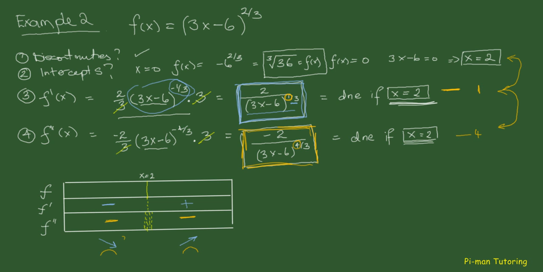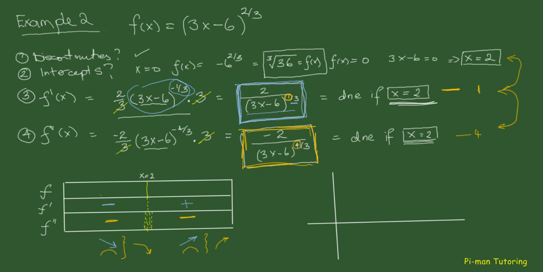And when we combine those two pieces of information, we want something going down and with negative curvature. So that combination gives me this overall shape. Over here, this combination going up and having that kind of curvature means I need to have this kind of shape on the other side of 2.